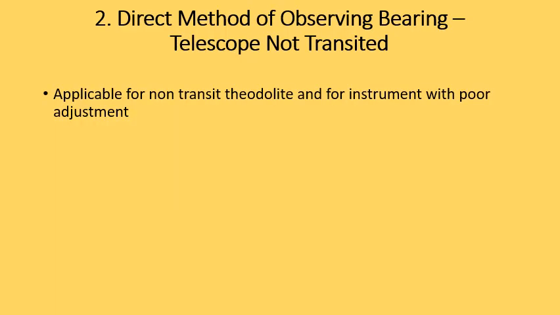Now let us think of the second case, in which you don't have a transit theodolite, or you feel that the permanent adjustment of the theodolite is not perfect. If you are transiting it, it will give you an erroneous direction. In those two cases, we can adopt the second method.